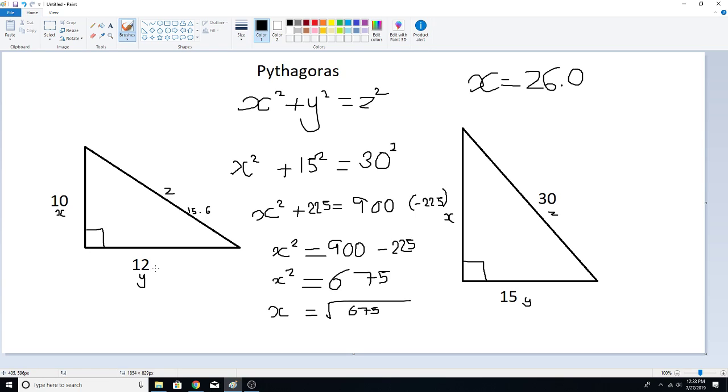If this 12 was 12 centimeters, then you would convert that to meters so that it will give you the right value. Otherwise, you'll get a wrong number. And there you go, this bit here of the triangle is 26, it doesn't matter.